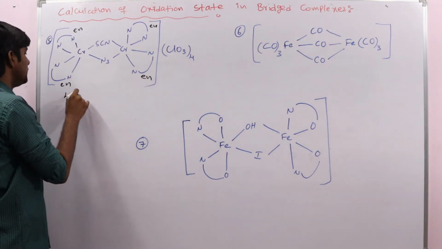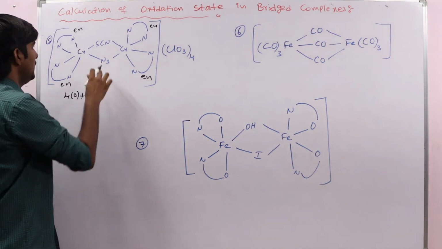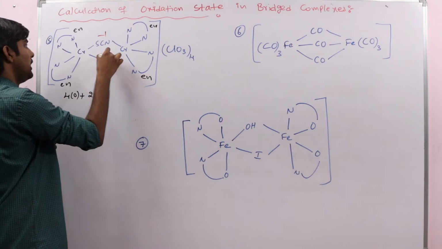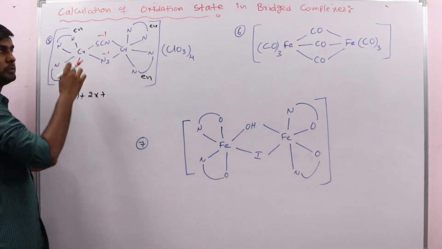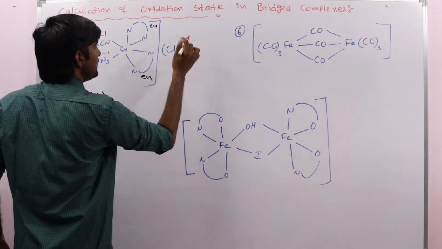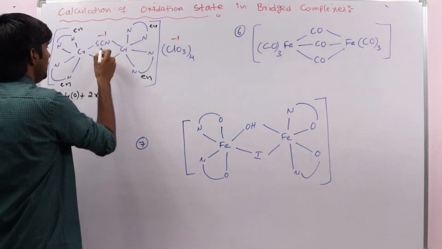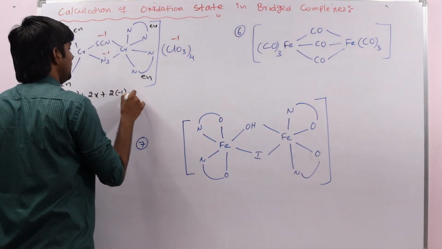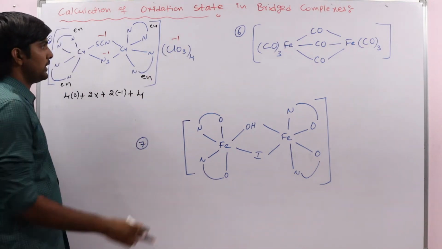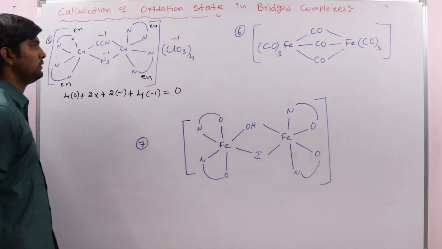So 4 into 0 plus 2 metals, 2x plus, see SCN, this is -1, this one also carries azido thiocyanato. Okay, so -1 charge is present. See, this one also has -1 charge. Okay, so now 2 into -1 plus, see total 4 counter ions are present, each ion carries -1 charge, that is equal to 0.